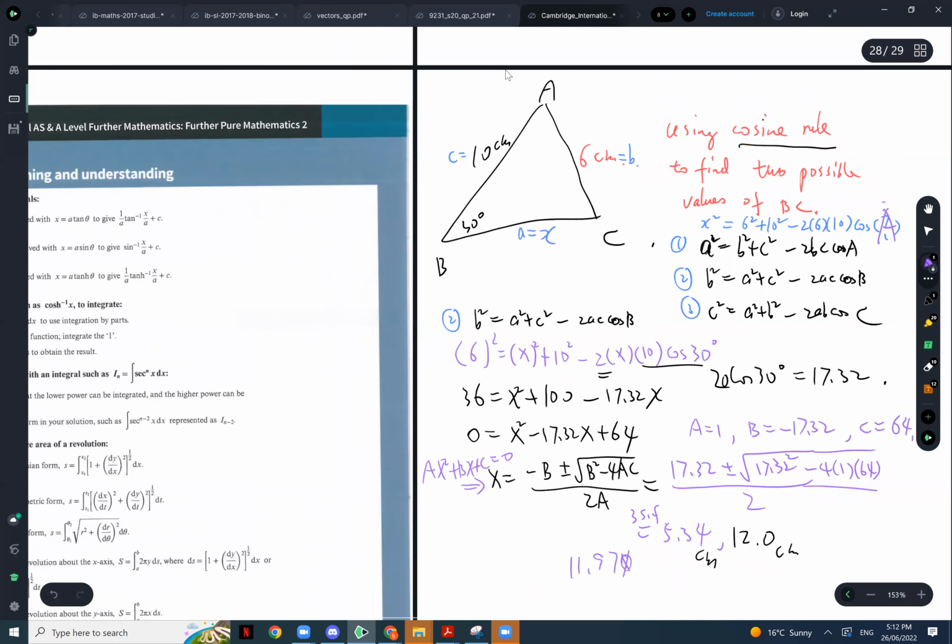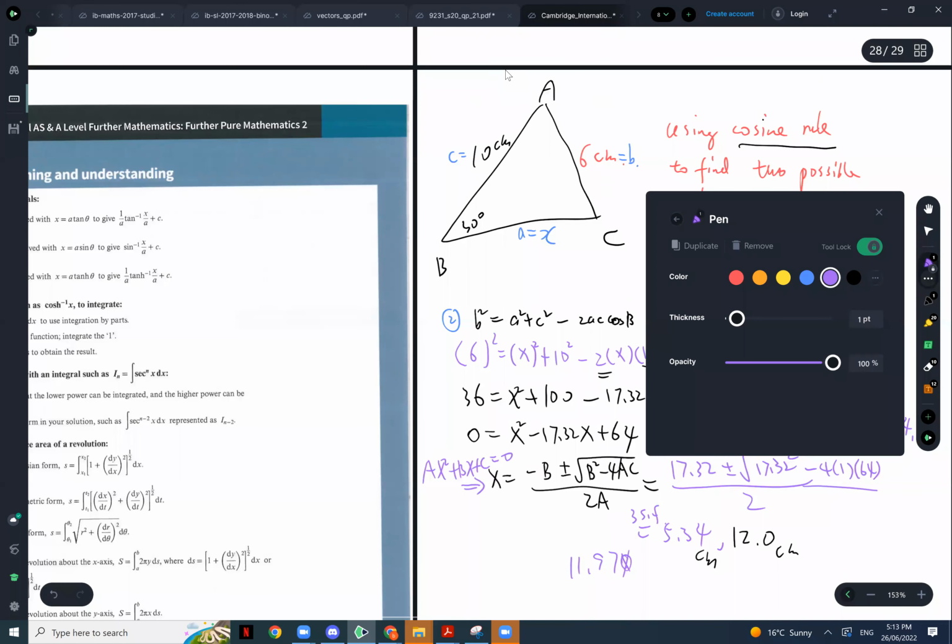Jonathan asked about which rule to use. For example, we still need to work out the BC, but you cannot use cosine rule. You cannot use sine rule. How do we do it? Yes. You can only do SOHCAHTOA and Pythagoras.